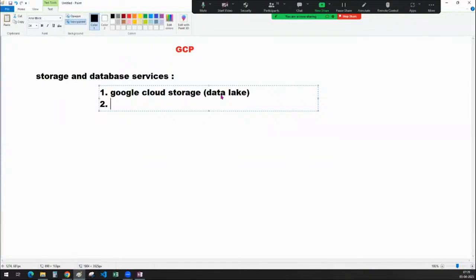And one more thing. So this is a storage perspective. What about the database perspective? For the RDBMS solutions, we have Cloud SQL and Cloud Spanner, guys. So we have two services which are considered RDBMS solutions, Cloud SQL as well as Cloud Spanner. What is this Cloud SQL, guys?